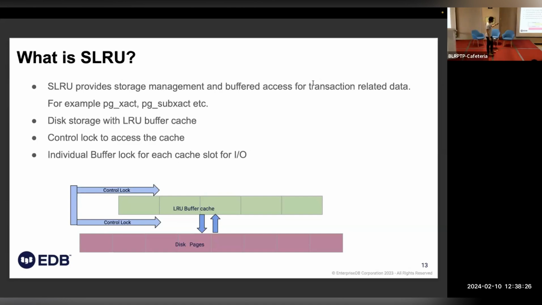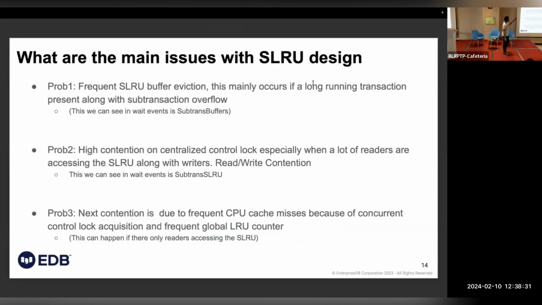So what is the design issue with this particular architecture? Three main issues we identified while analyzing those two problems in the past. Problem one is frequent SLRU buffer eviction. Remember what we discussed about long-running transactions. When there is a long-running transaction, the range of the snapshot is very huge. It means the number of XIDs we need to look into in the SLRU also increases. If the XID range increases, we access more pages.